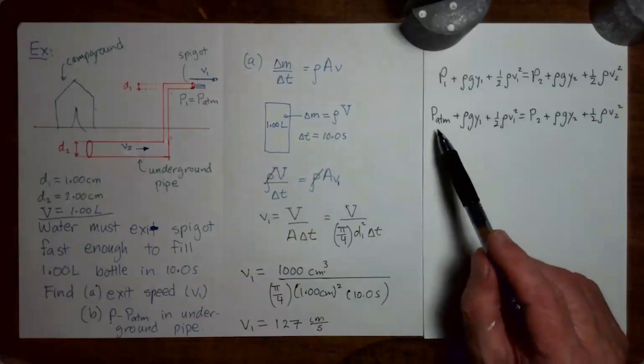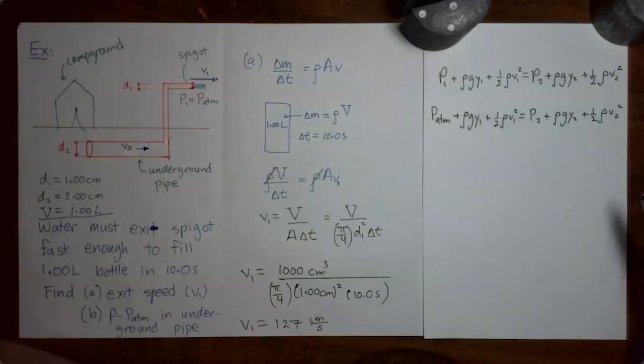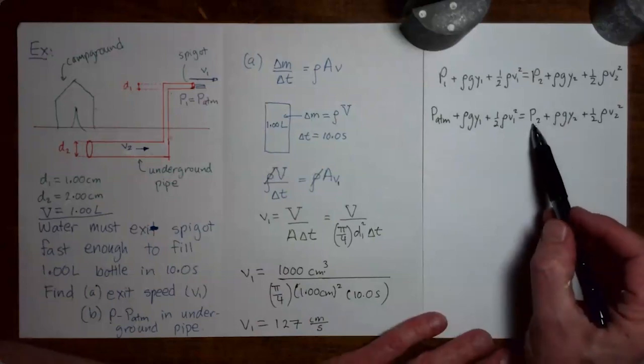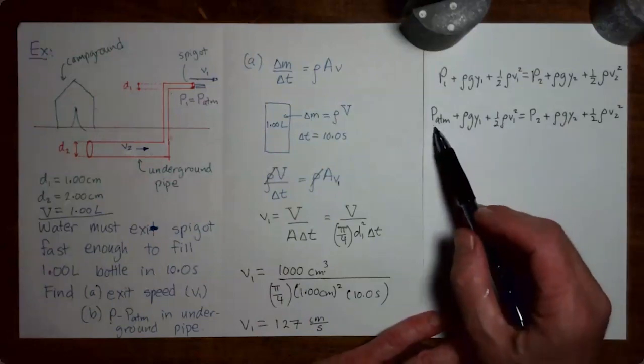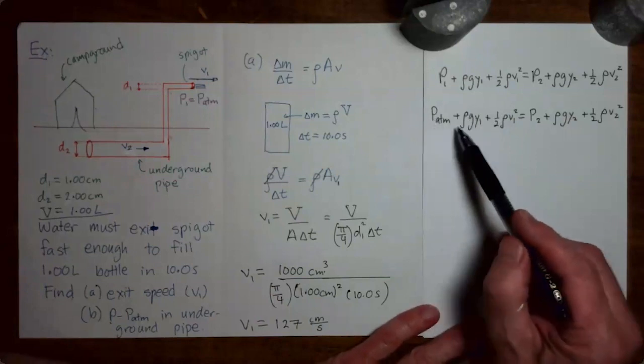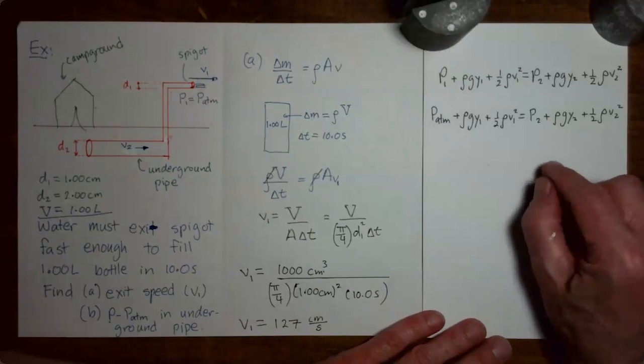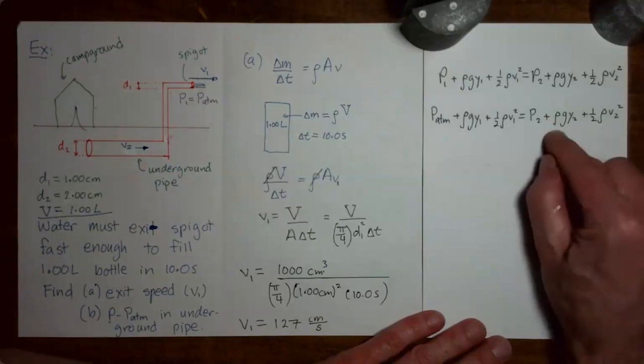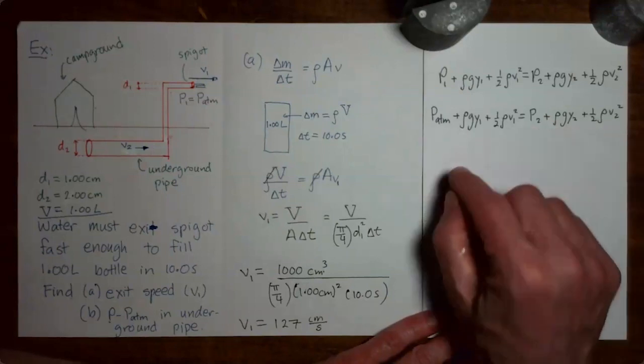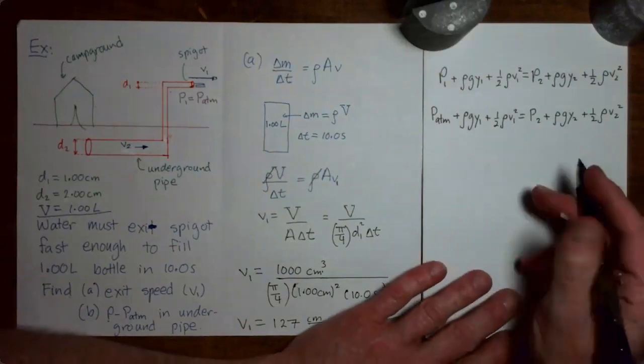So notice I can rearrange Bernoulli's equation here to get that combination of pressure in the underground pipe minus the atmospheric pressure. So all I have to do is take that P atmosphere and subtract it over to the right side, and then take those quantities that are on the right side now and subtract them over to the left. So we'll just do that rearrangement.